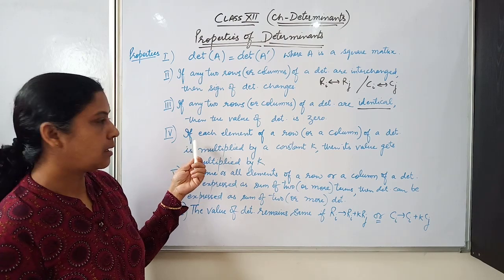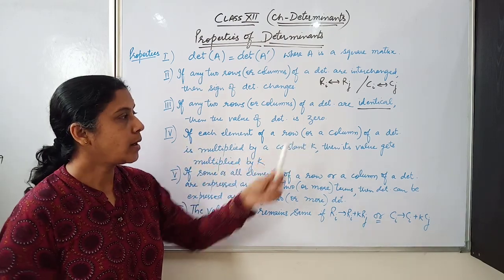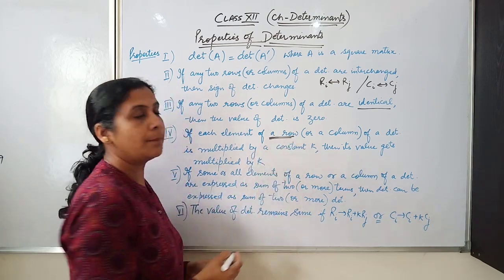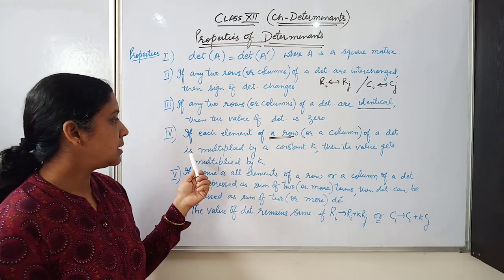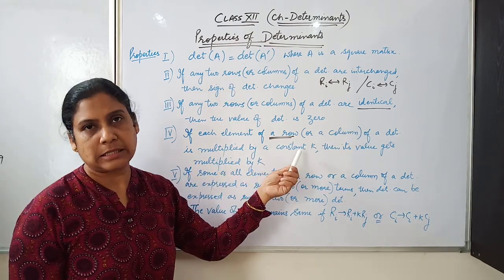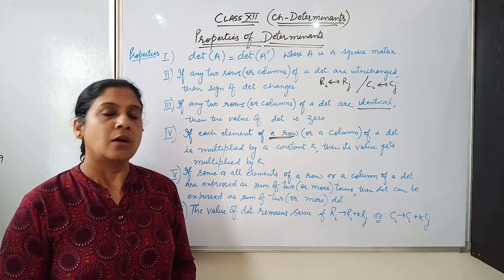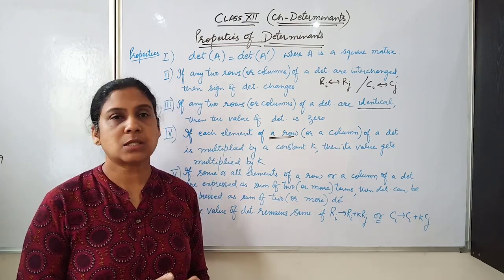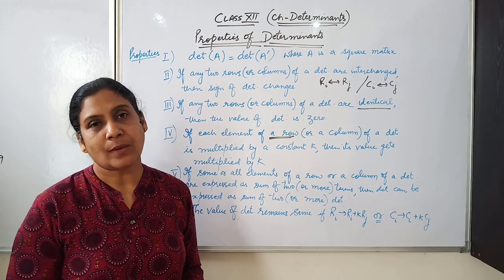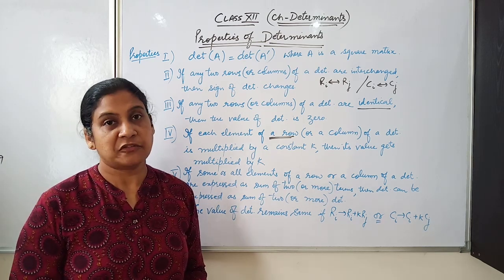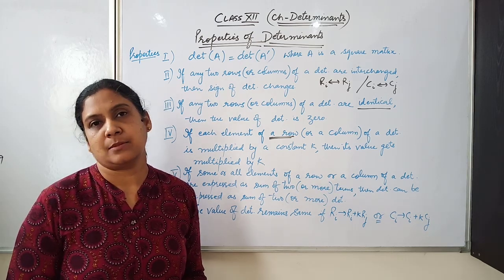Next is property number 4. If each element of a particular row or a particular column of a determinant is multiplied by a constant k, then its value gets multiplied by k. For example, if you have multiplied just one row, first row or second row, maybe any of the rows, with a constant 5, then the whole value of the determinant will be multiplied by 5.